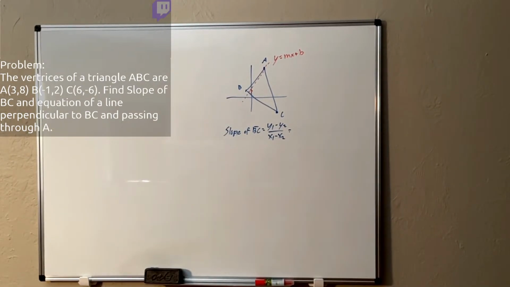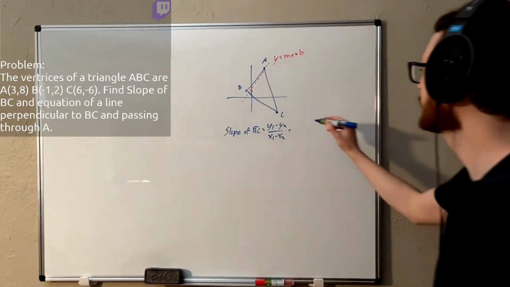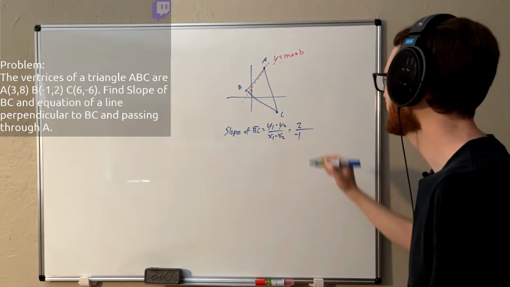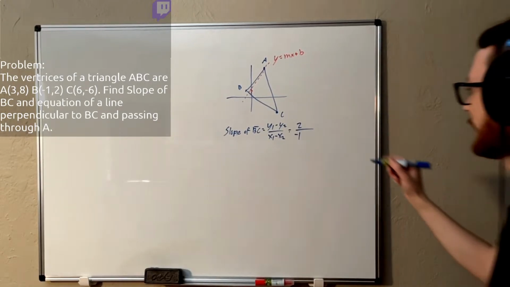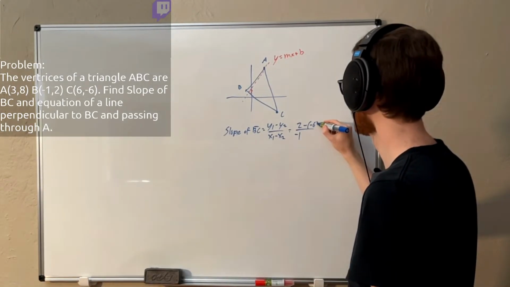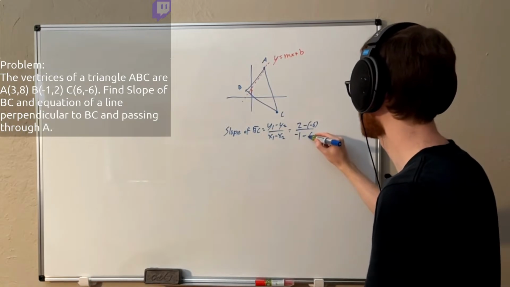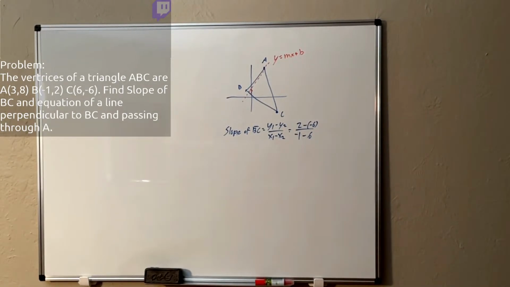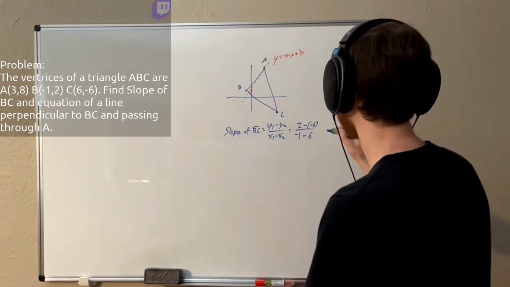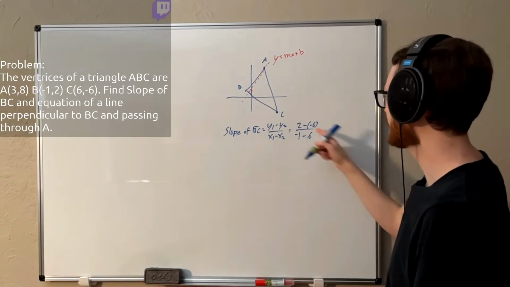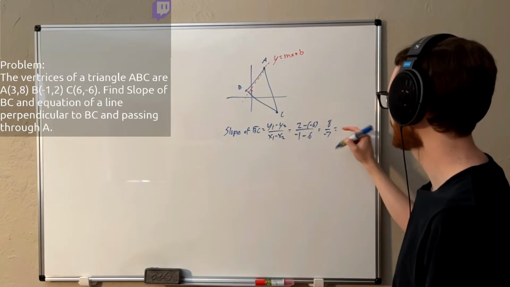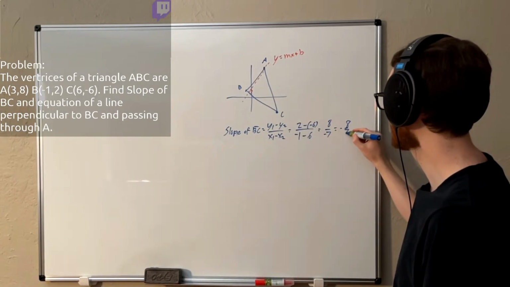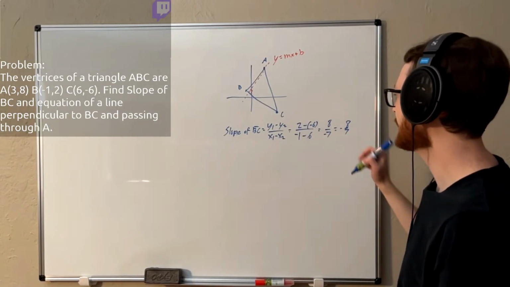So I'll take B as the first one. So 2 minus 1, C is -6 and +6. So now we just do that math. 8 over -7. So I'll just put the negative in the middle because that's fine with fractions. All right, so that's the slope of BC.